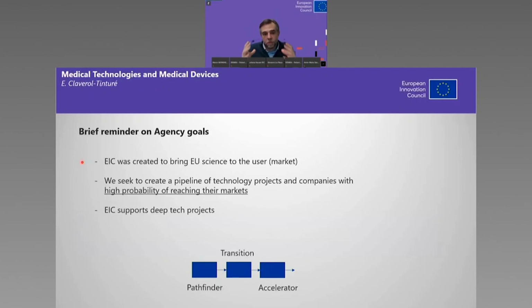So this is what we want to do. We bring technologies to the clinic and to the patient, that's to the market. So we have a structure, the funding programs in 3 stages, Pathfinder, Transition, and Accelerator.